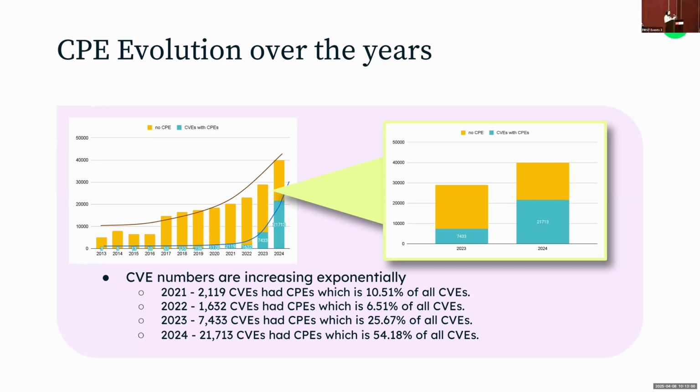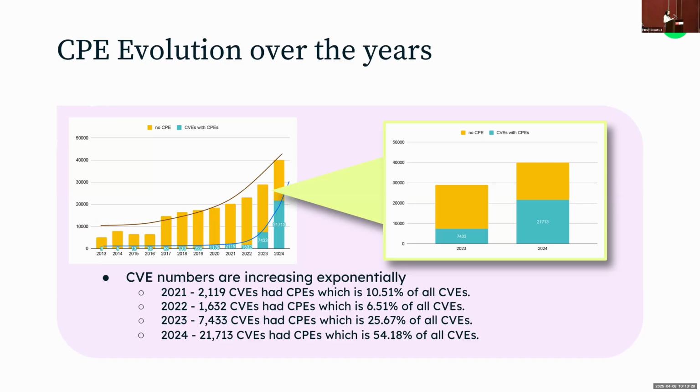So I've been able to pull that data to read the JSON files and created this graph, which is very similar to the previous graph, but each bar is separated into two segments. So the teal segment covers the number of JSON files that have CPEs in them. And then the orange segment shows those files without CPEs.